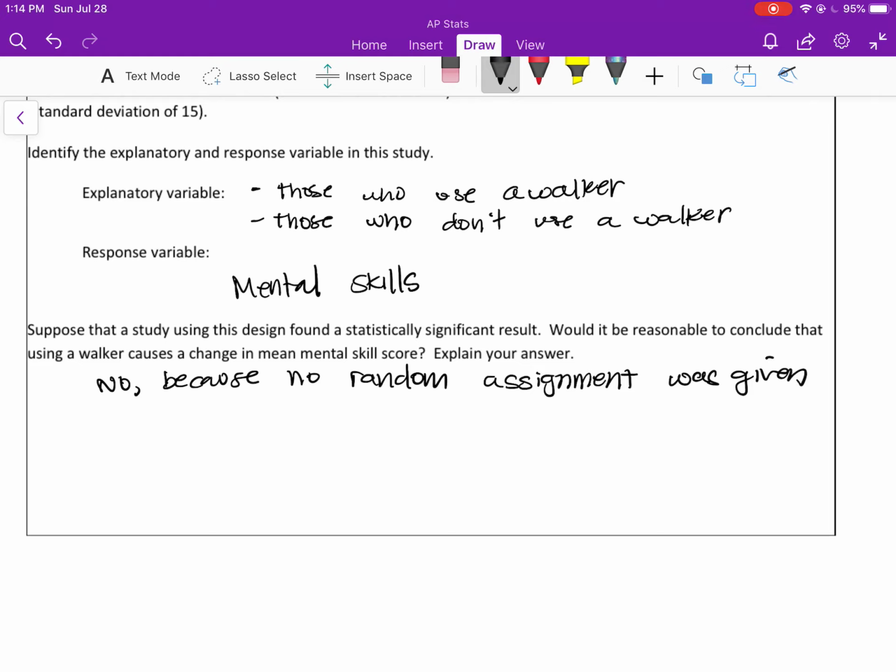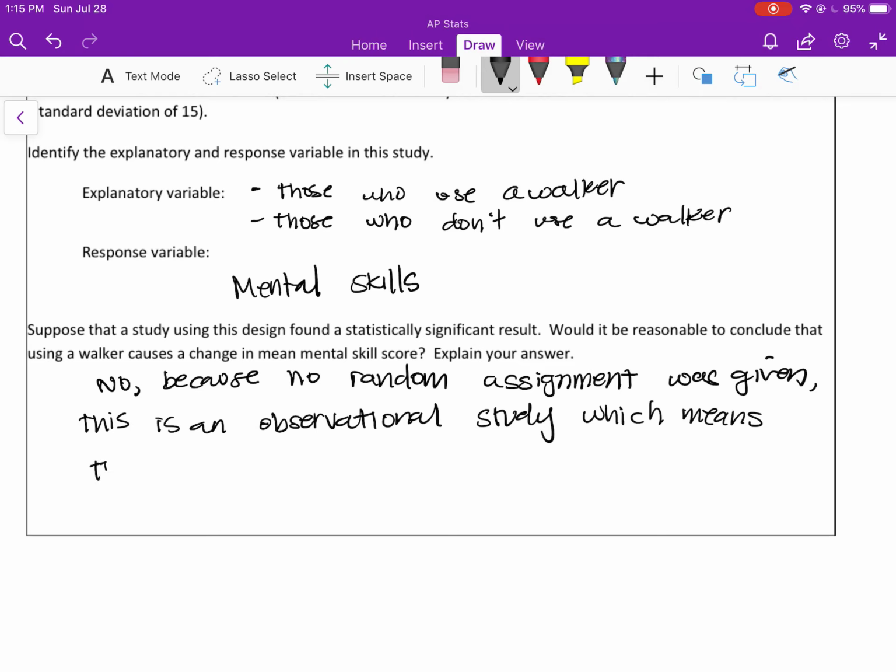This is an observational study, which means there is a correlation but not a causation.